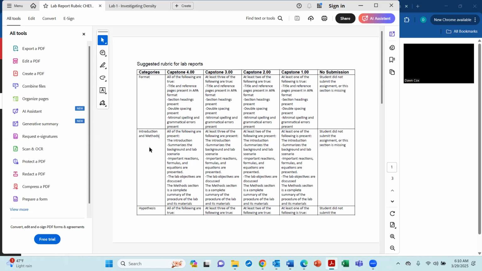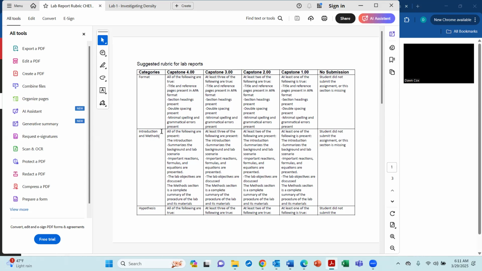So I'm looking at, did you include everything in those 2 sections that you were supposed to? Let's say that in the introduction section, you entirely didn't mention some formulas you were supposed to and some other things. All right. But your procedure was excellent. So I might give you 3 points for that because your introduction had half the stuff missing, but the procedure was good. So 3 points.